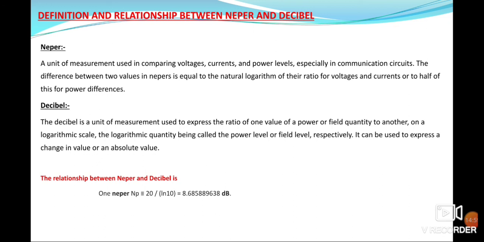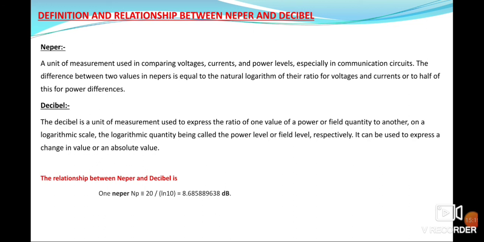And the decibel is basically a unit of measurement used to express the ratio of one value of a power or field quantity to another on a logarithmic scale. The logarithmic quantity is called the power level or field level respectively.